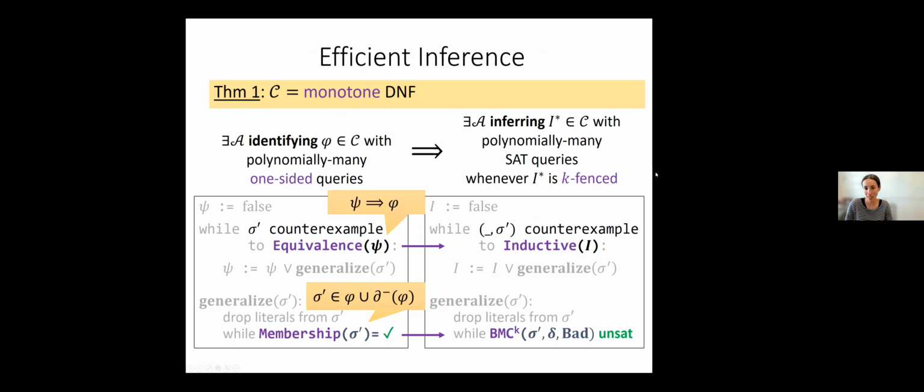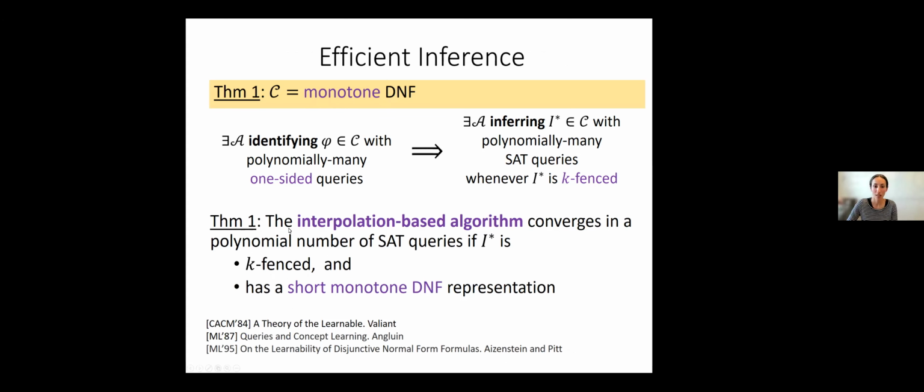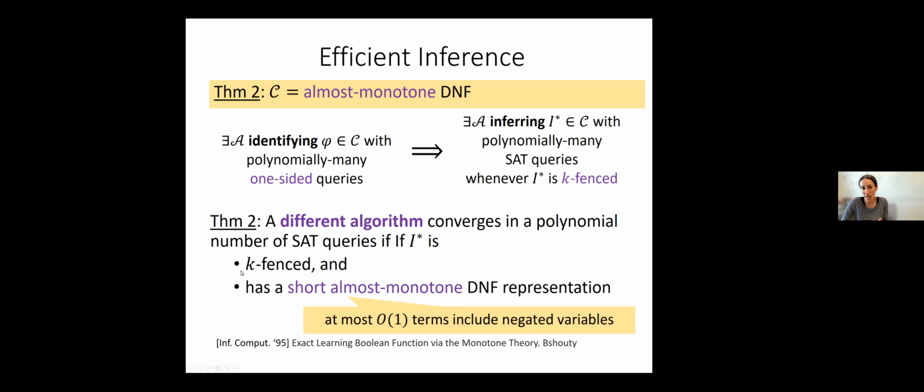So this is basically one conclusion. This is this theorem that the known interpolation-based algorithm is efficient for invariants that have a short monotone DNF representation and that are k-fenced. So this was a known algorithm, but then we can also use the same result to take an algorithm for learning, for example, short, almost monotone DNF formulas.